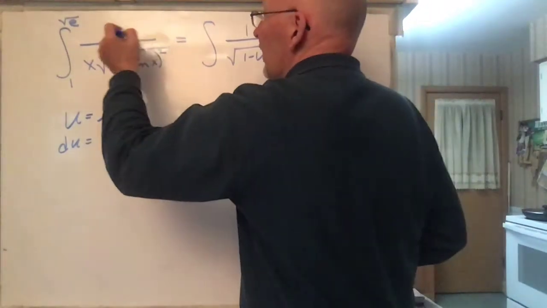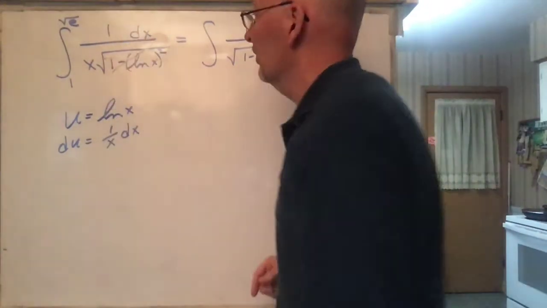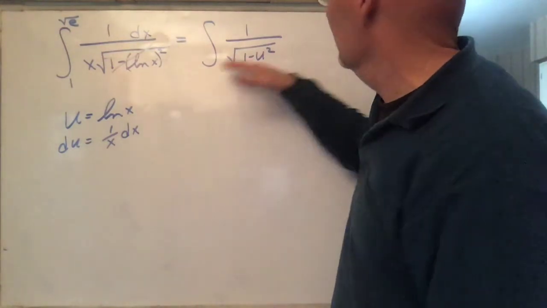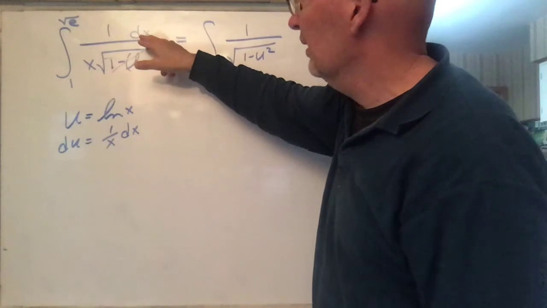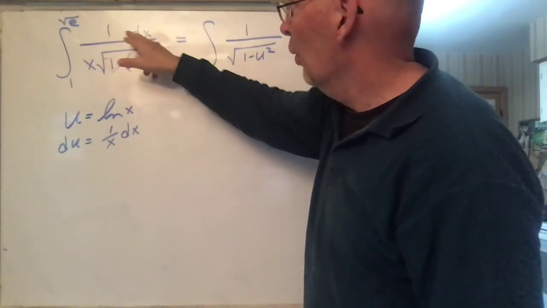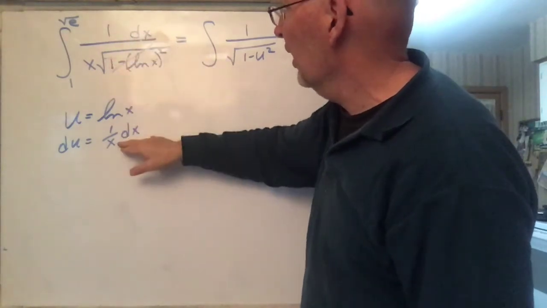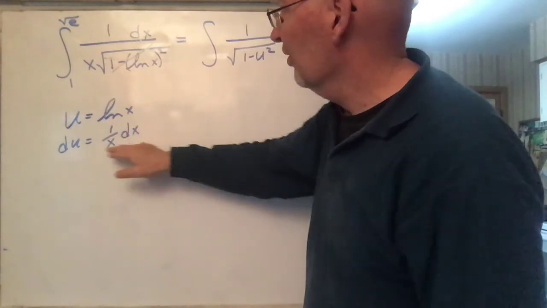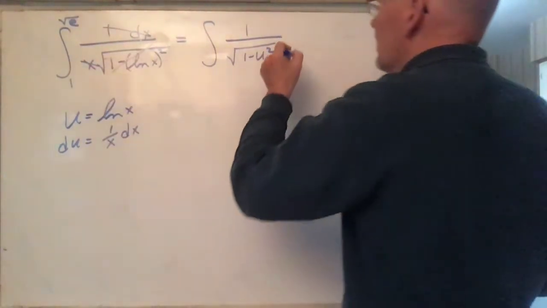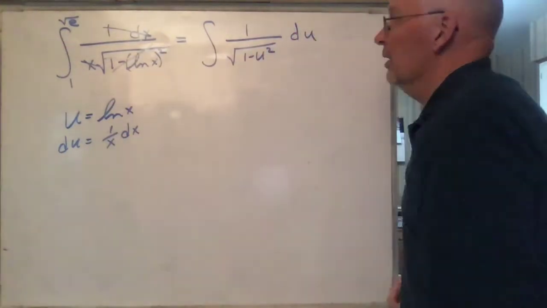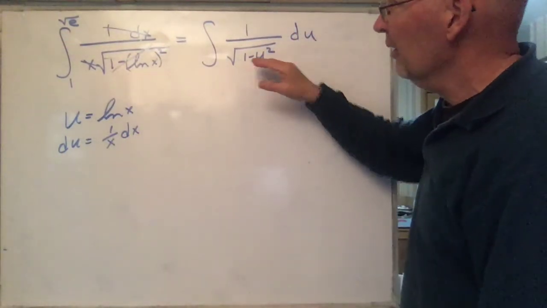Oops, I'm sorry, I should have had a dx on here. This is where dx's and so on are very important, because the dx turns over into a du. So here I needed a dx. So dx divided by x, notice, is equal to du. So all this stuff right here becomes my du. How nice is that? Okay, now, does that look familiar?